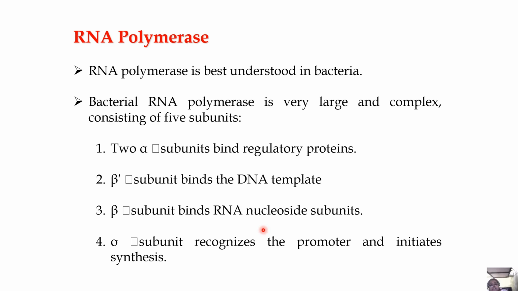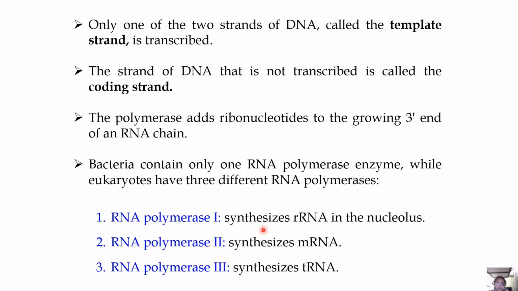Bacterial RNA polymerase is very large and complex, consisting of 5 subunits. The 2 alpha subunits bind regulatory proteins, the beta subunit binds DNA templates, the beta prime subunit binds RNA nucleoside triphosphates, and the sigma subunit recognizes the promoter and initiates transcription.